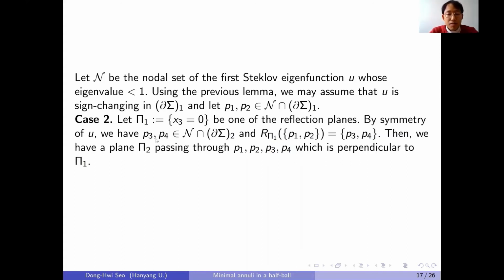Let's say P3 and P4. Then these 4 points lie in a plane which is perpendicular to pi 1, and by our previous observation, this plane should meet the boundary only at these 4 points, P1, P2, P3, and P4.